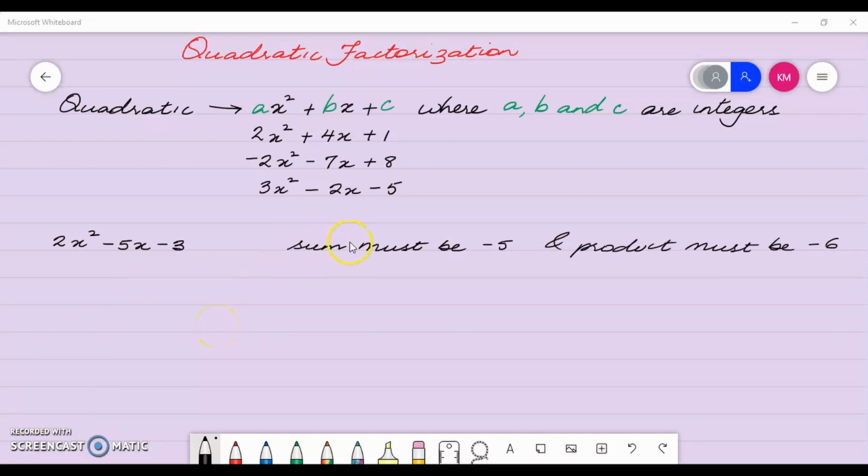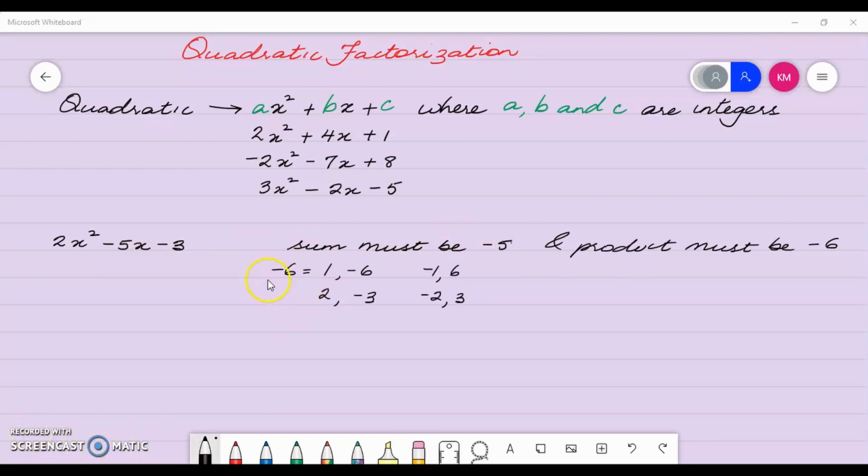So what we need to do is to find 2 numbers such that their sum is -5, which gives us that -5 from that middle term there, and the product must be 2 by -3 to give us -6. This will ensure that we have 4 terms and we can apply factorization by grouping.